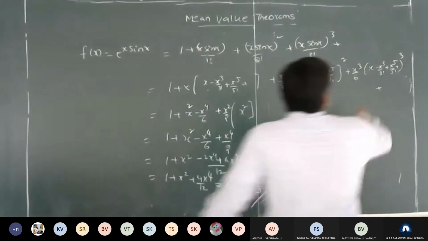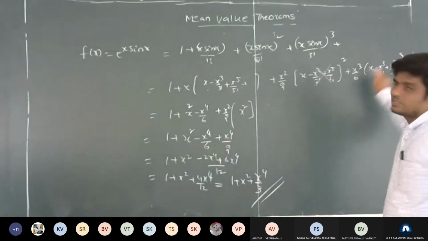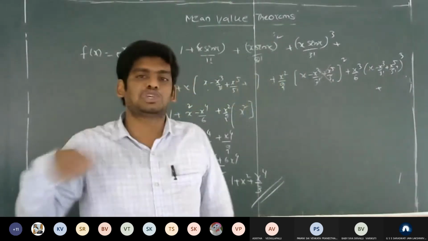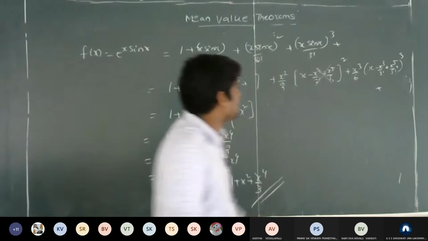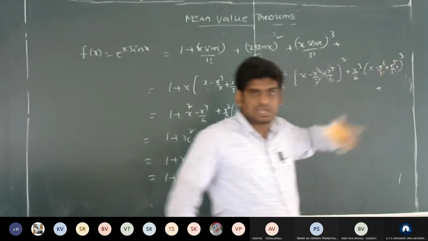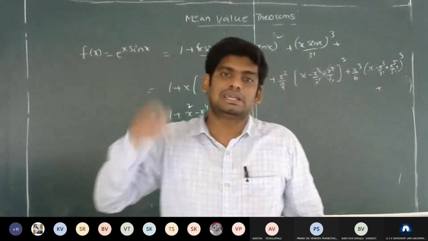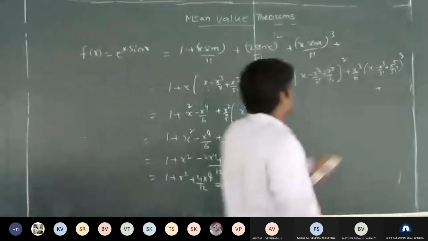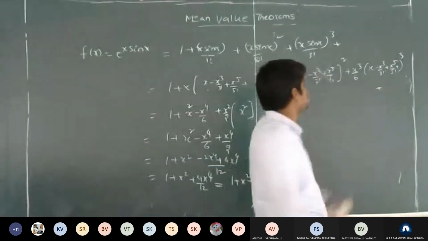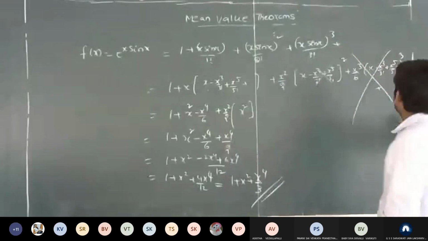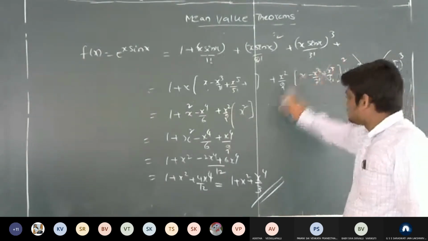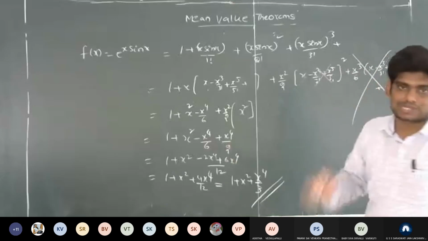Here, x cube, just observe, looks like a plus b plus c whole cube. So the expansion must be a cube, b cube like that. Here the power increases, 3, 4. That is, the degree increases from the 4th onwards. Here we are getting higher order terms greater than or equal to 4, so they are not needed. But in this term we have x square, so I take x square into x square, which is x power 4.